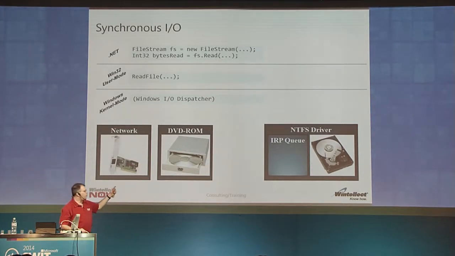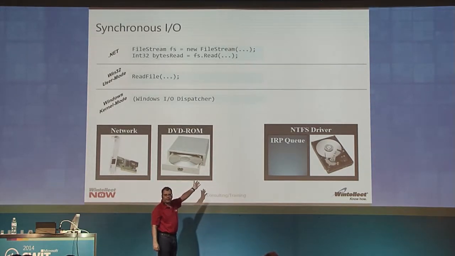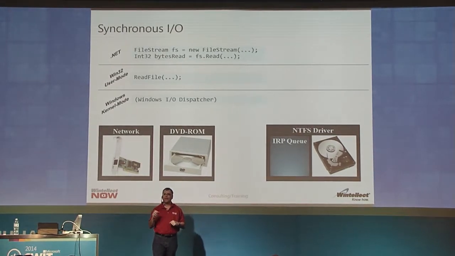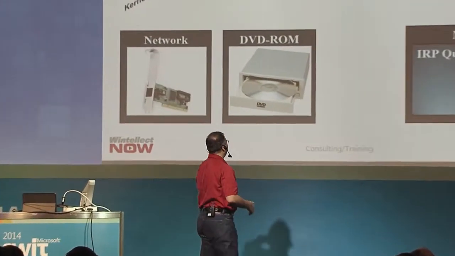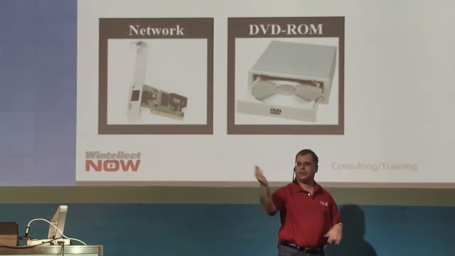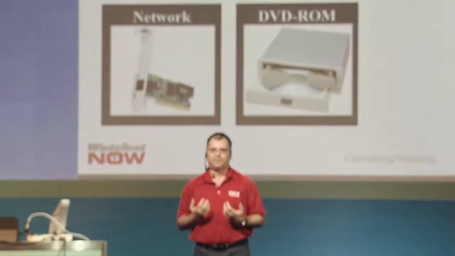The DVD-ROM drive, if you take the cover off of it, you would see that there's circuitry there. That circuitry knows how to spin the platter, shine the laser light at it, interpret the reflection, and then send the bytes that it's reading off of the platter through a wire that you would plug into the back and the other end on the motherboard, and that's how you read the bytes in from the DVD-ROM drive.